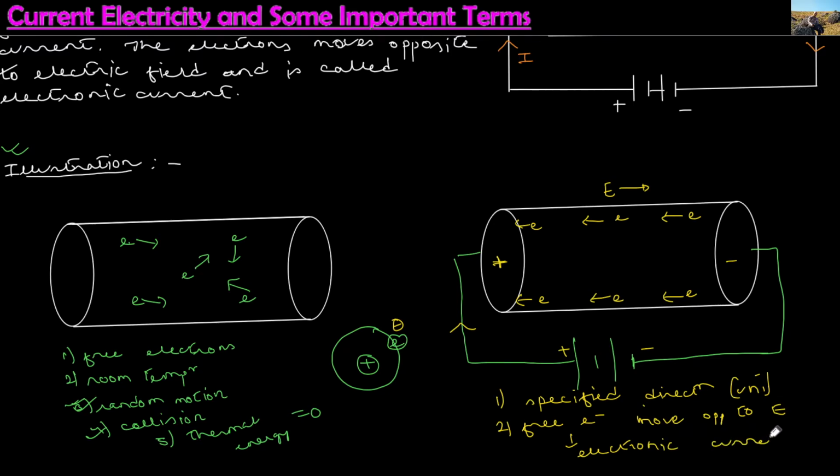But in addition to these electronic currents, since the conventional flow of current is always from positive to negative, we have these positive charge ions.